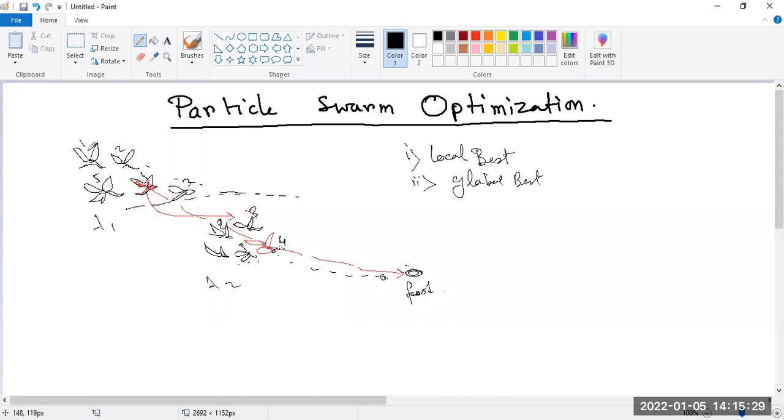In this position, they all know that after some time it will go into this position. So this is the local based position.